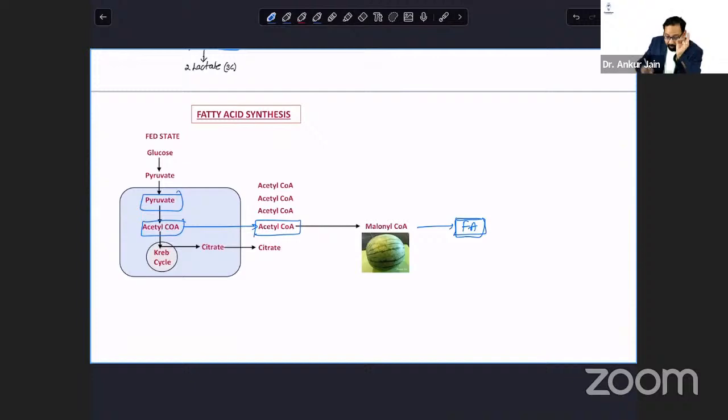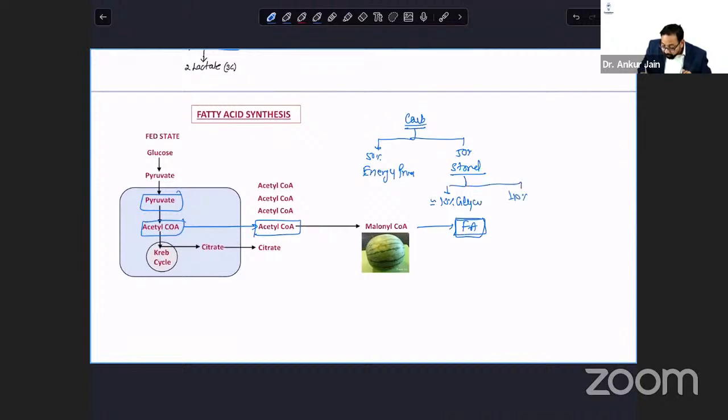Let me tell you here, not related to the topic: of whatever carbohydrate we take, around 50% is used for energy production, and around 50% is stored, approximately 10% as glycogen and 40% as triacylglycerol.